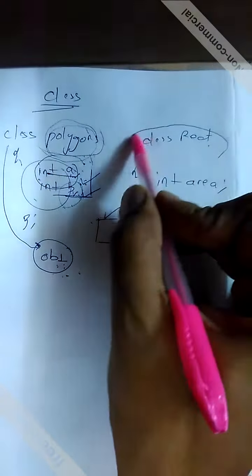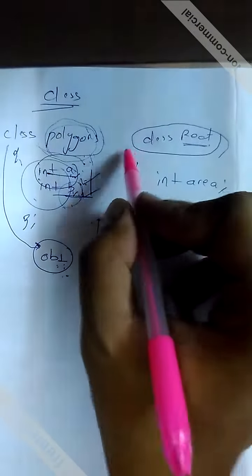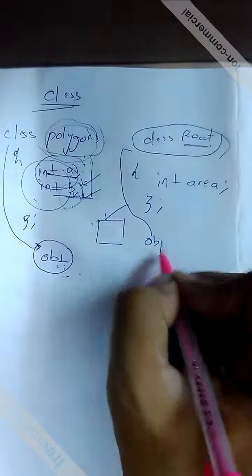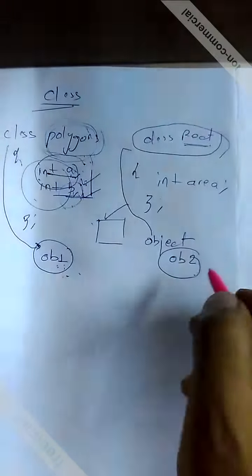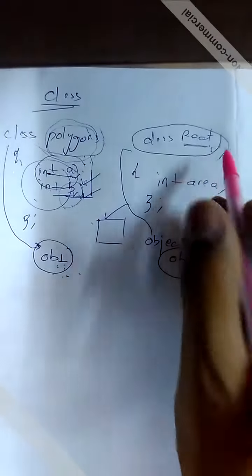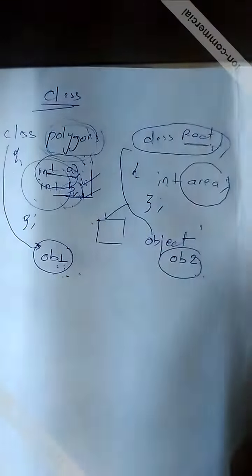Now if I look at the class rectangle, and I create an object ob2, this object of class rectangle will have only one attribute, which is area. This is how it works.